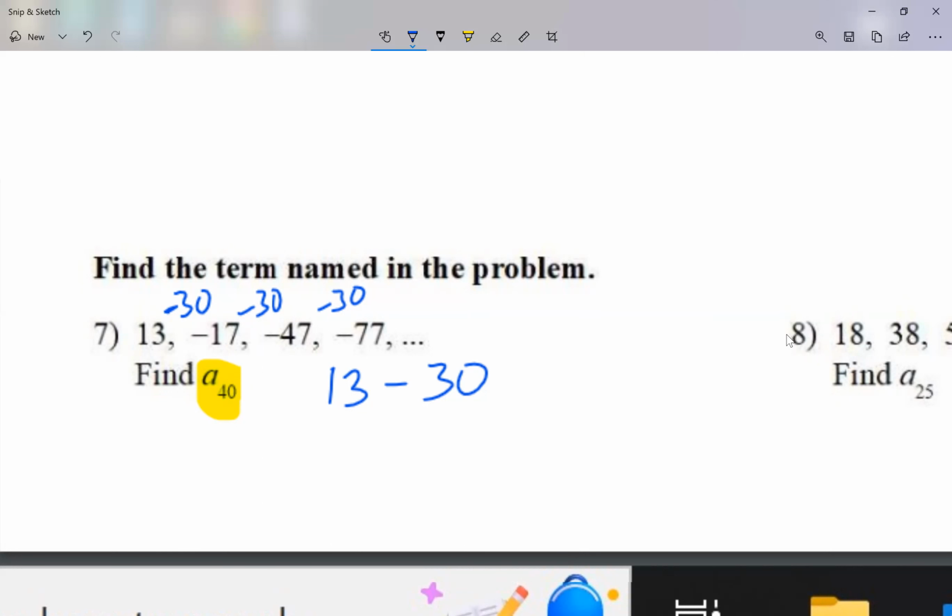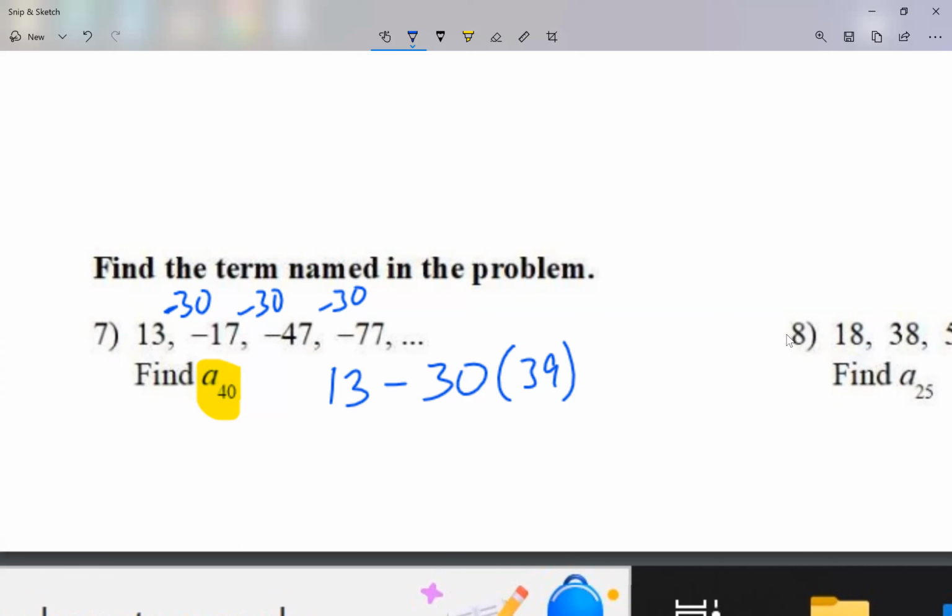Keep in mind, I started subtracting for the second number, so not from the beginning. So in this case, I'm gonna say I have to subtract 30, 39 times. Again, I started subtracting from the second number, not the first number. So I'm gonna go 13 minus 30, 39 times.